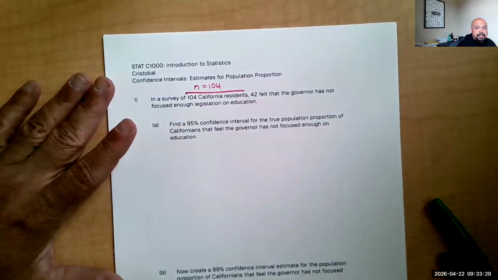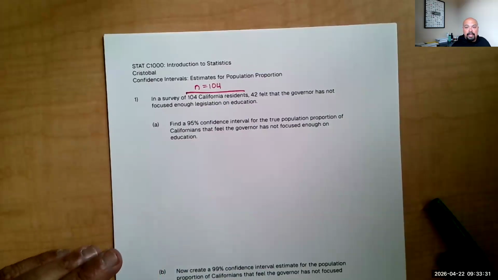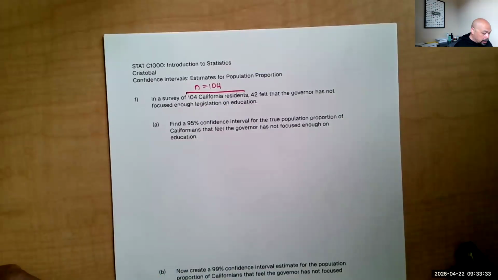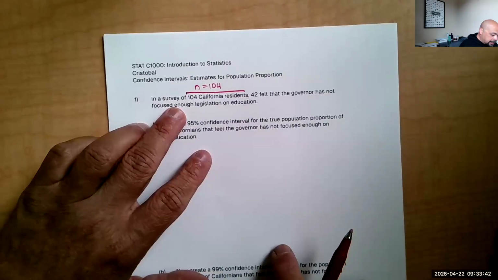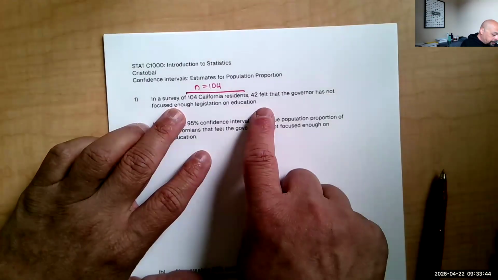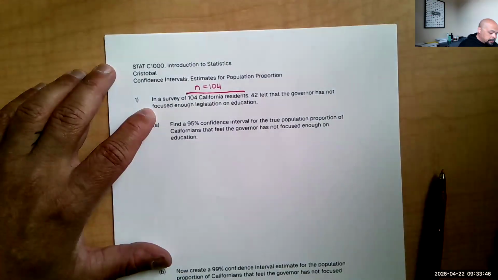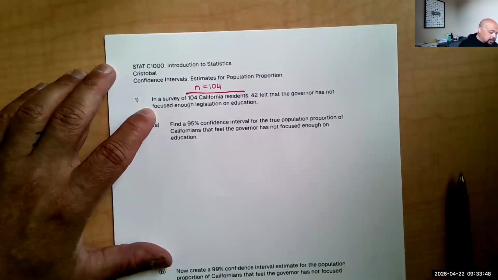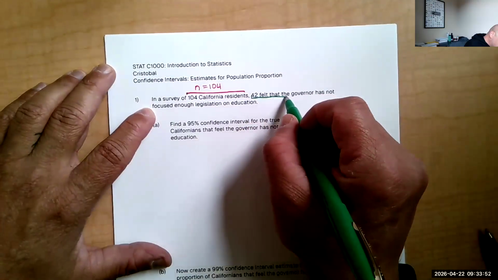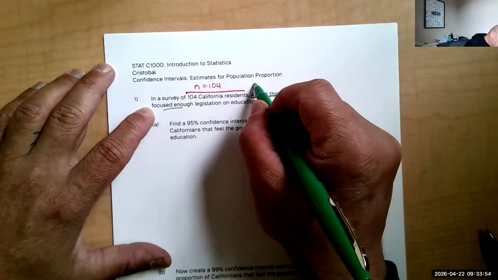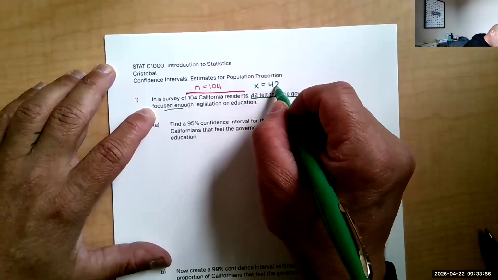We know there's a lot more than just 104 Californians, just California residents in general, so this is definitely just a sample. Of those, 42 felt that the governor has not focused enough legislation on education. These 42 that had this characteristic, there's our x. X is equal to 42.